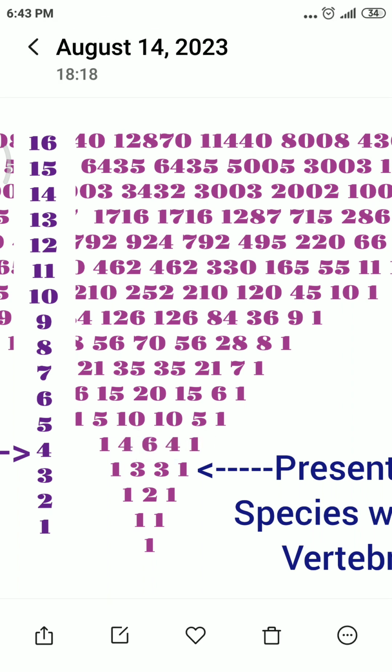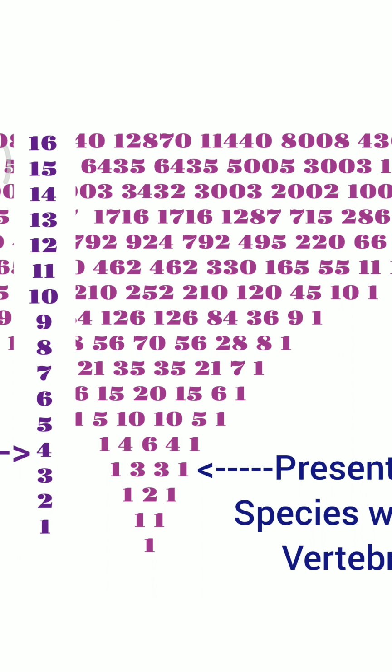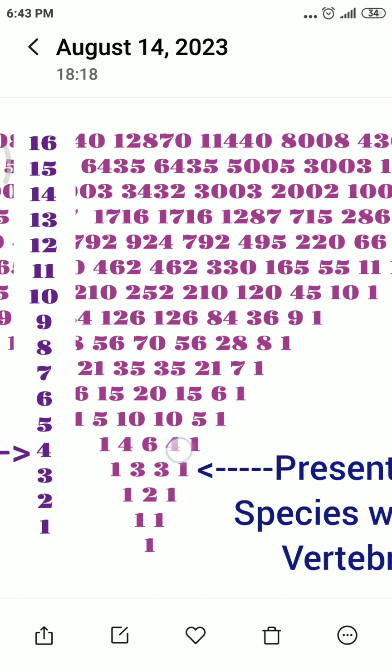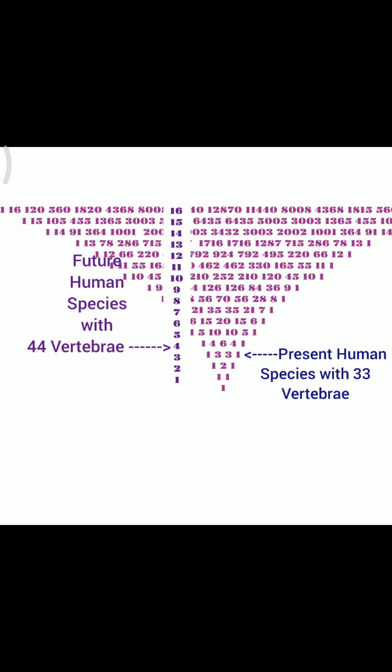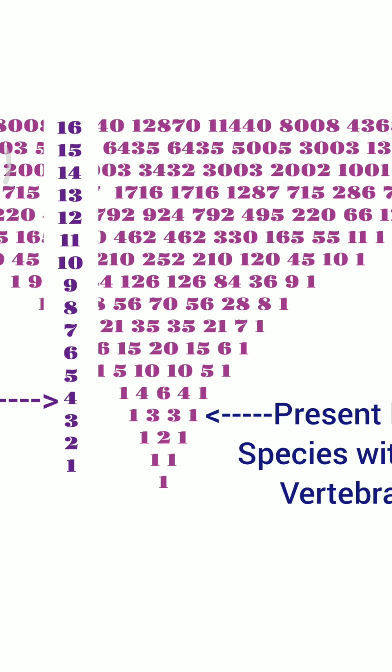If you add up 4 cube, 6 cube, and 4 cube: 4 cube is 64, plus 64 is 128, 128 plus 6 cube, which is 216, will become 344. 344 is nothing but 7 cube plus 1. The sum of these three becomes 7 cube plus 1. So you will have the knowledge of the fourth dimension here.